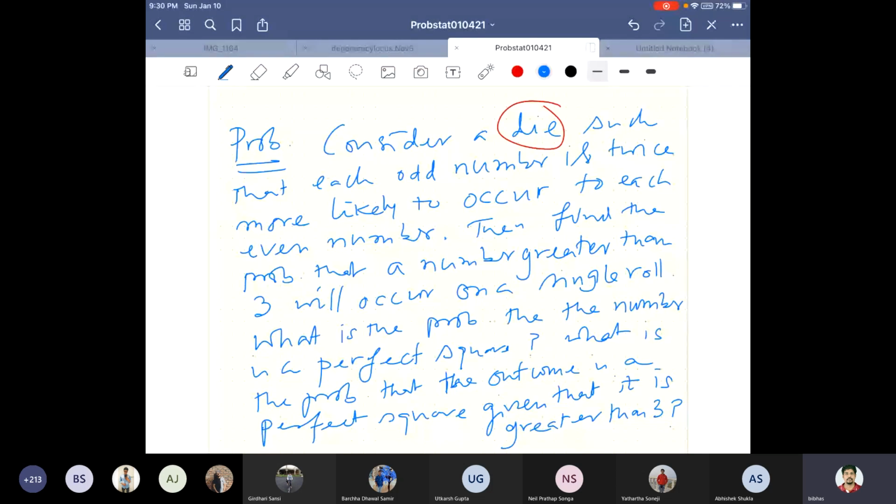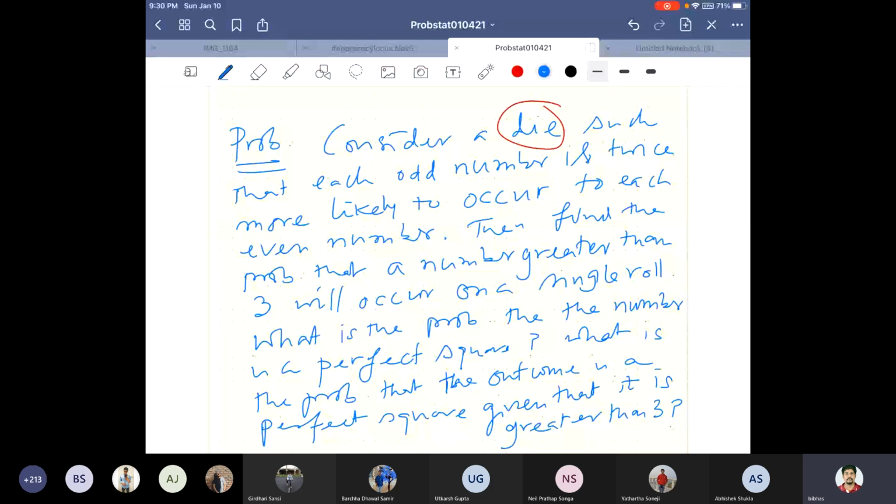Like the probability of getting 1 is not equal to the probability of getting 2, because it says an odd number is twice as likely to occur as an even number. So if the probability of occurrence of any even number is x, then the probability of occurrence of an odd number is 2x. And how many odd numbers and even numbers are there? There are 3 odd numbers, 1, 3, 5, and 3 even numbers, 2, 4, and 6.